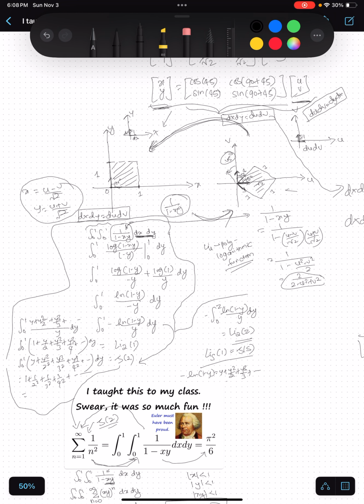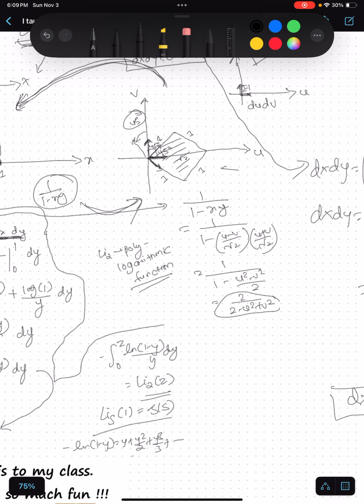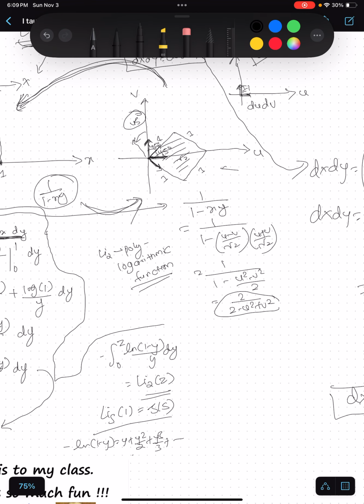Now the domain. Notice that since this has a 45-degree angle, this line will just be y equals x, and this line will just be y equals minus x, right? And since this point is root 2, this line will be y equals, and the angle is 135, the slope is minus x plus root 2, right?